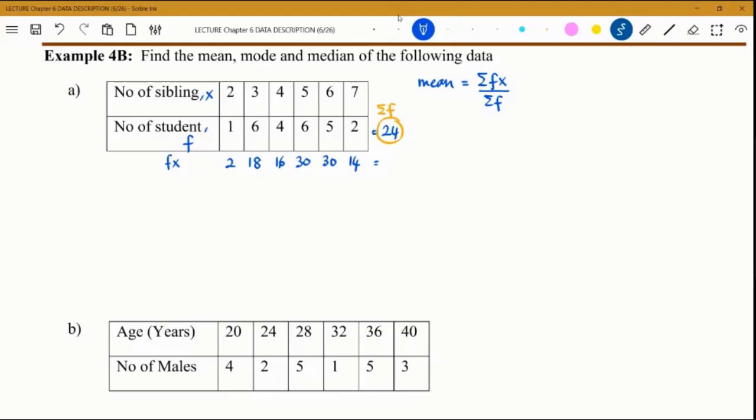What do we get? 128? Isn't it? 110. 110. Good. Okay, so this one represents your summation fx. So directly we can go into the formula because you have calculated it here. So we're going to have 110 divided by 24. So the mean we can have is 4.583.